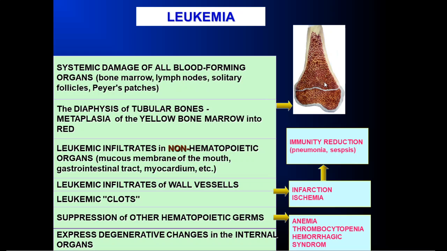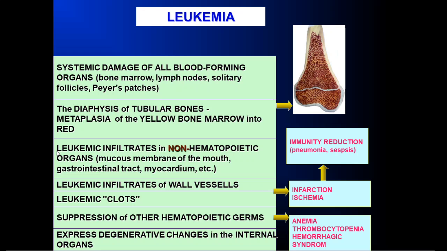So there is no possibility for erythrocytes and, for example, thrombocytes to mature. There is no possibility at all, because all possible space is filled by leukemic infiltrates. So that's why we have this metaplasia.